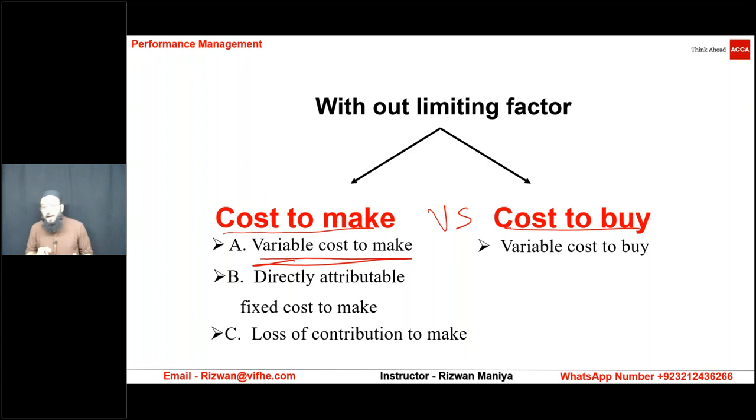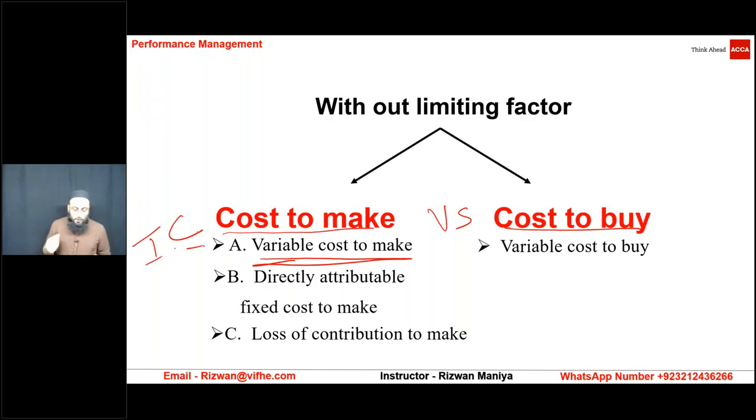So that it gives you the idea that anything that we are considering here is relevant or irrelevant considering rule of six. Okay, so what is variable cost to make? It's an incremental cost.